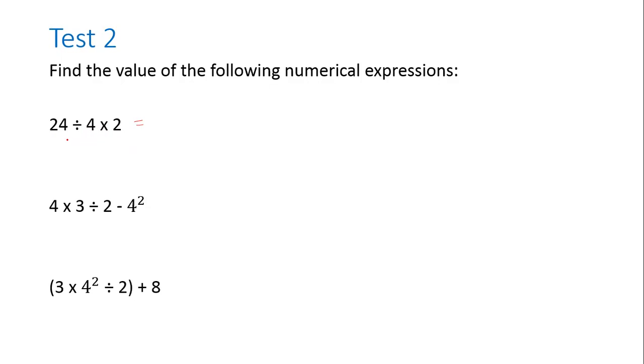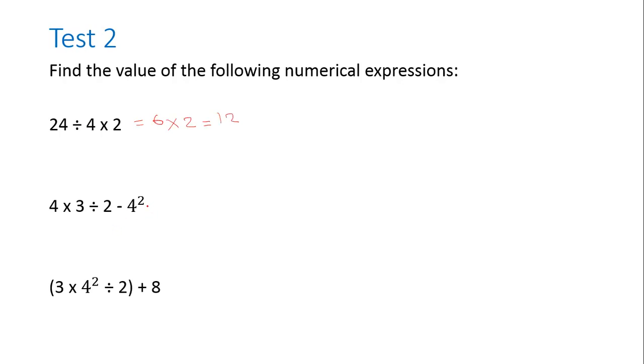However, according to the rules, we start with the operation that comes left. So here division comes to the left side of the multiplication. So we start by dividing 24 by 4. This gives us 6 multiplied by 2, and the answer is 12.